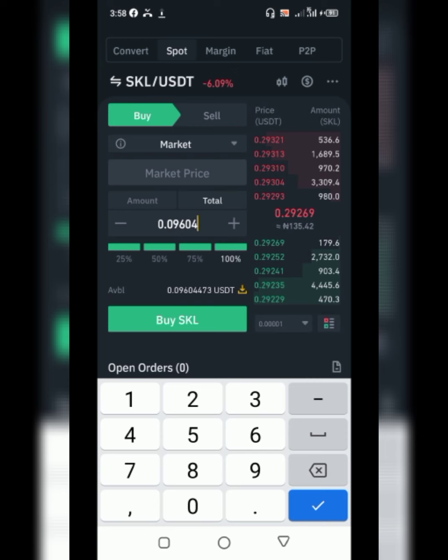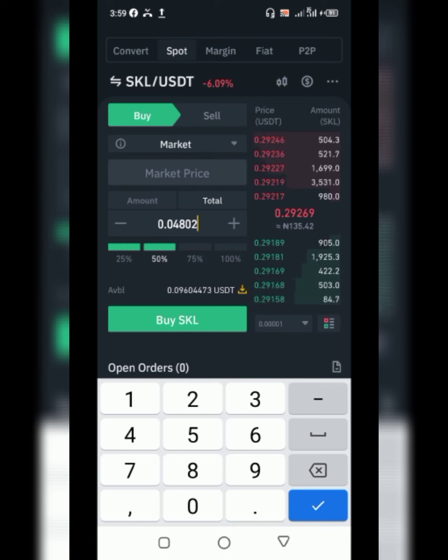Now imagine I want to place a trade that doesn't fall under 25%, which simply means the trade I want is more than 50 USDT, and it's not up to 50%, which is 100 USDT. The trade I want is between 50 and 100. It is greater than 50 and lesser than 100 USDT.